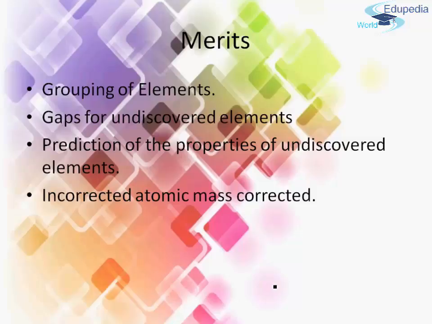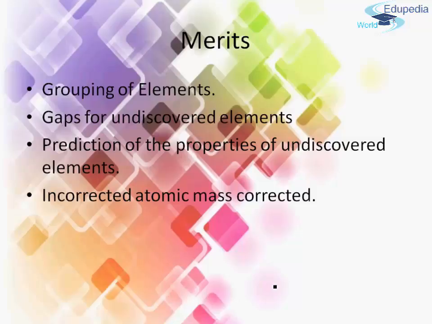Third, the prediction of the properties of undiscovered elements. Yes, he predicted the properties of the unknown elements on the basis of the properties of the elements lying adjacent to the vacant slot. As we just discussed about gallium, there are much more, germanium, scandium. Fourth, he also had incorrect atomic masses corrected.